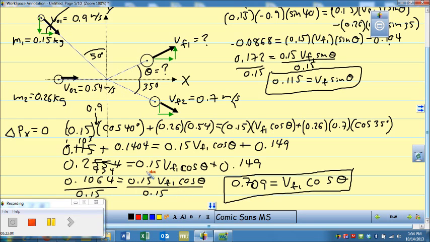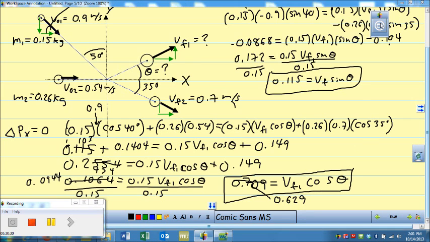And then we subtract off the 0.149. Instead of this, we have 0.0944. We divide that by 0.15, and that becomes, instead of this, 0.629.